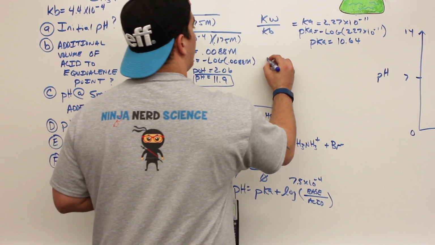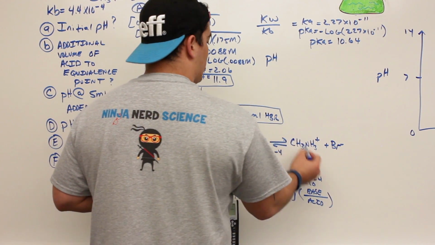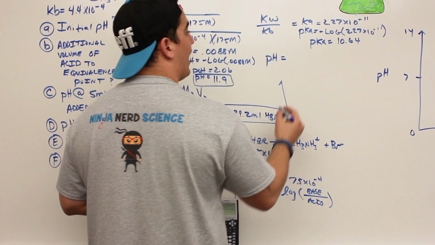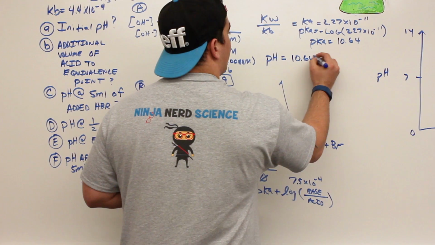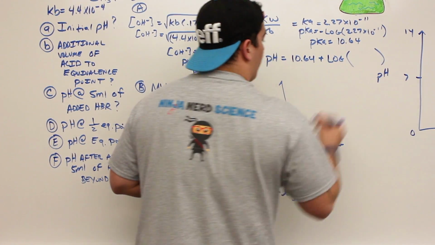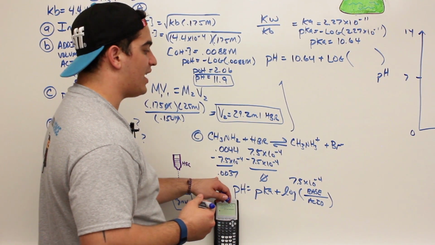Let's plug it all in. So pH, continuing up here with C, we're going to take this part and continue up here. pH is equal to pKa, which is 10.64, plus the log of our base over the acid. What was the actual moles of our base? 0.0037.